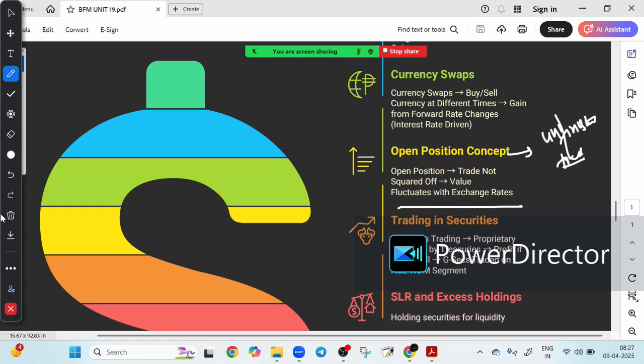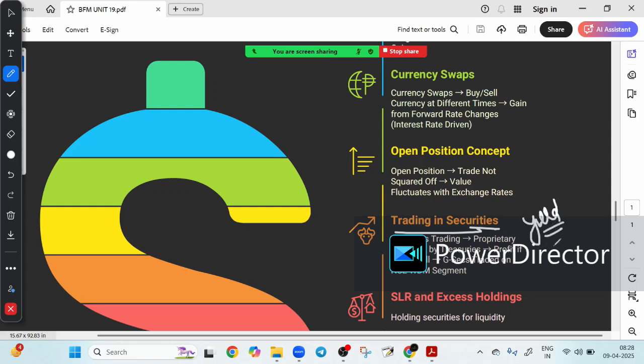Then if we talk about trading in securities, what does it mean? When treasury trades securities, it is often to profit from the yield change, right? If yield falls, tell me what will happen. Suppose yield decreases, what will happen? Then government security rises in value. Obviously, price is inversely proportional to yield.